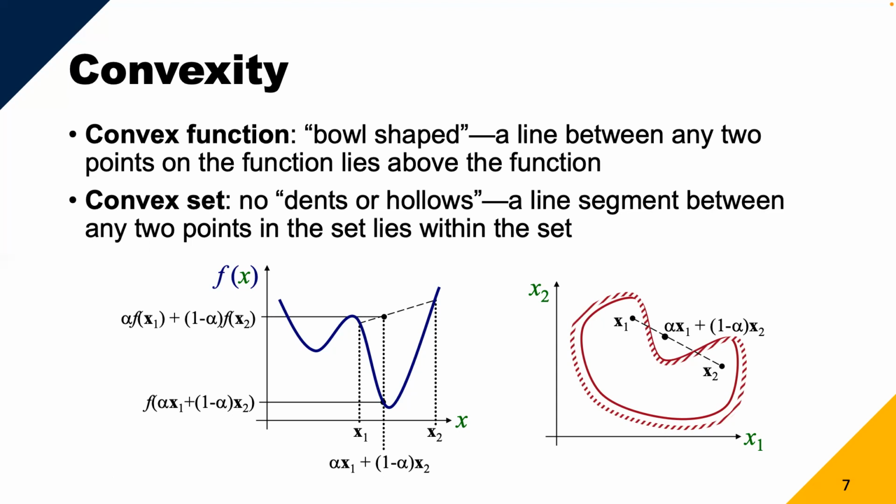But if it crosses the line, as you can see here, if I pick a point over here and a point on this side over here, actually let me draw it on here so folks online can see. If I pick a point right here and a point over here, you can see that the line is not always above the function. It crosses through parts of the function. And so that is considered a non-convex function.